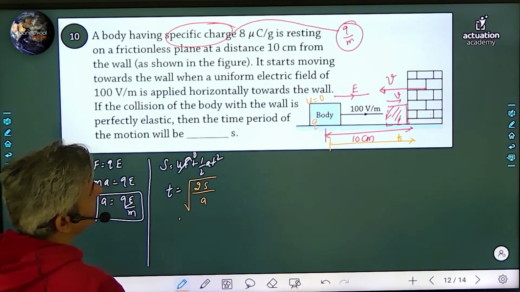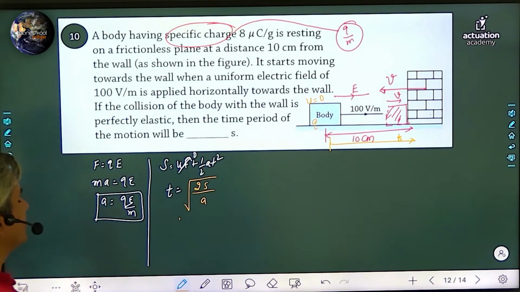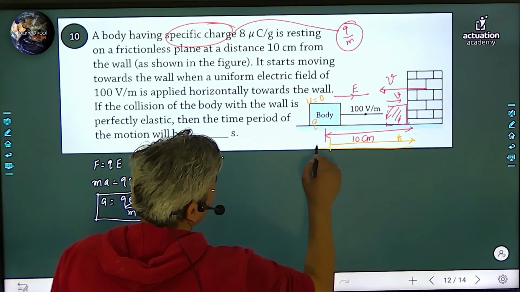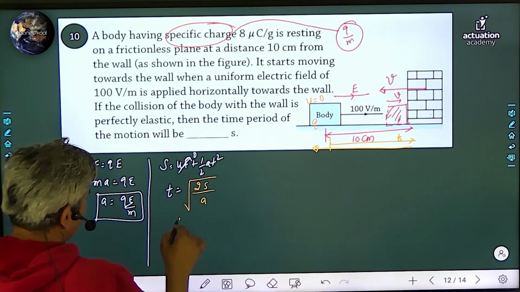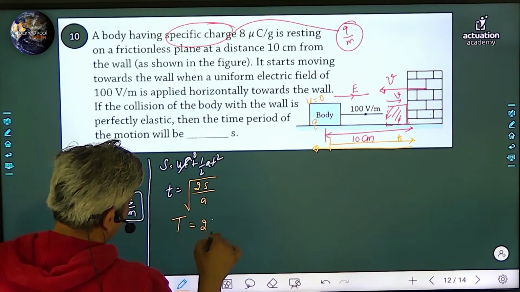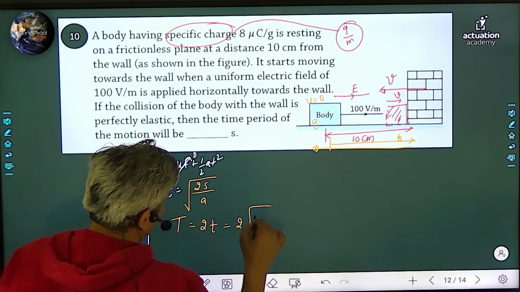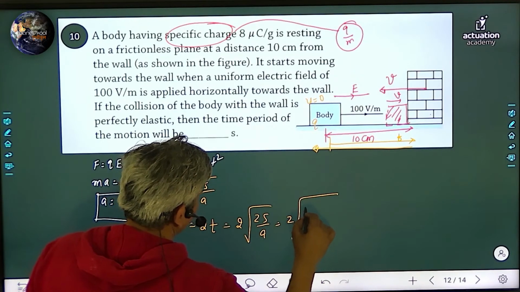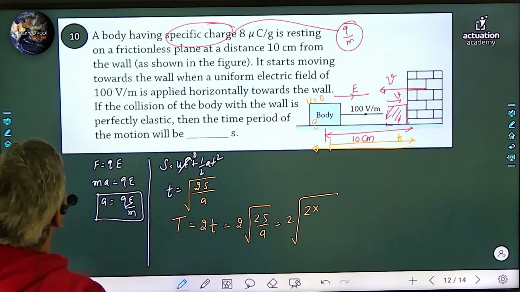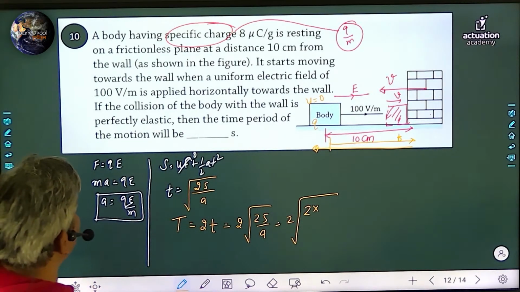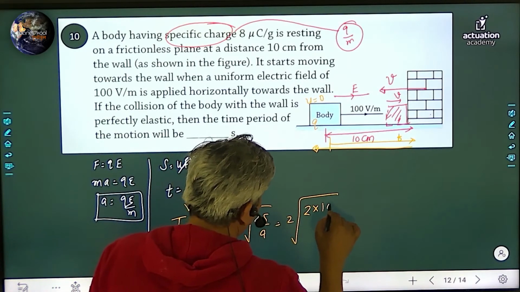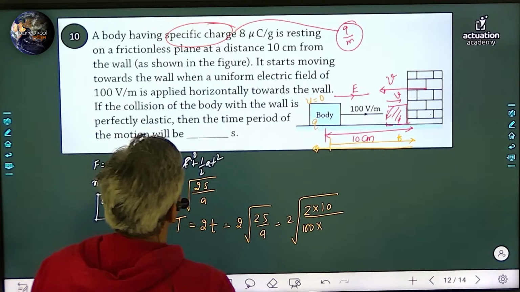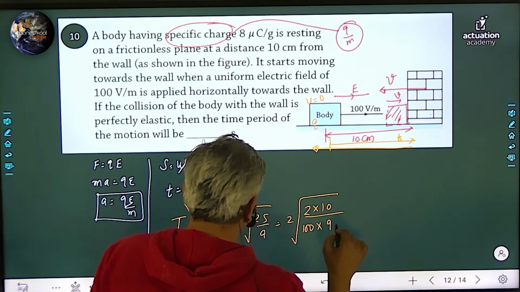Now the total time, which is back and forth, which has been asked, T is equal to 2 times t, which is 2 under the root 2s by a, and s is 10 centimeter, which means 10 over 100 meter, and a can be written as QE by m.